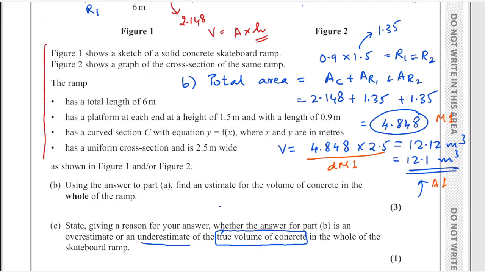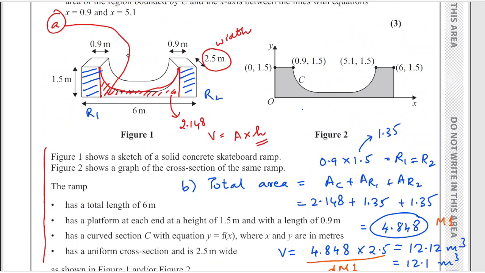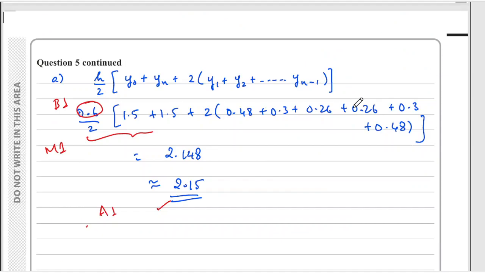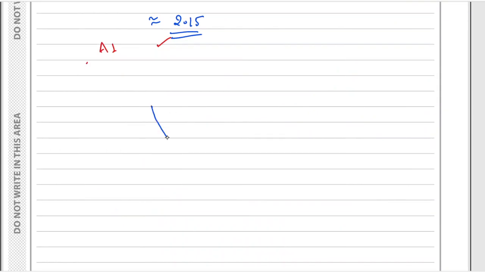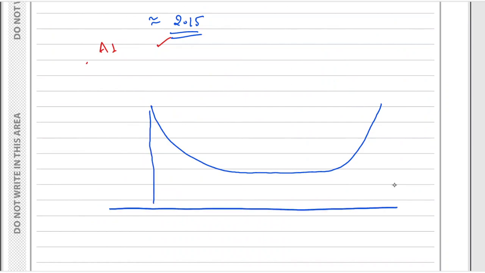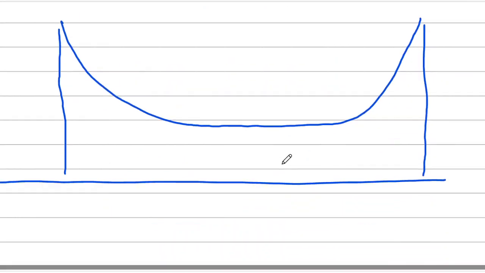The only estimate that we took was in part A, where we estimated the area under the curve. For this I'll use a similar figure over here. So this was the curve, and we took the area under that particular curve. To estimate the area under the curve, we were using trapeziums of 0.6 width.